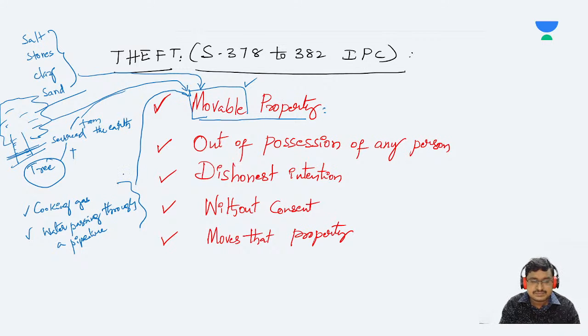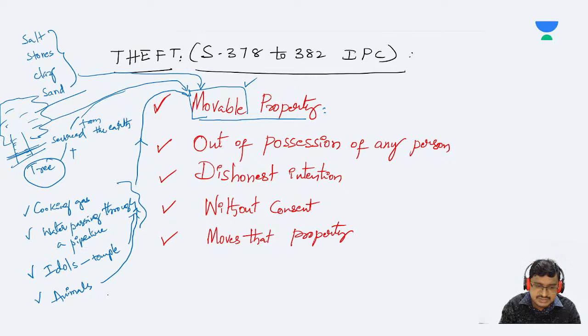Thereafter, idols from a temple come under the purview of movable property. Thereafter, all kinds of animals are also treated as movable property, friends.